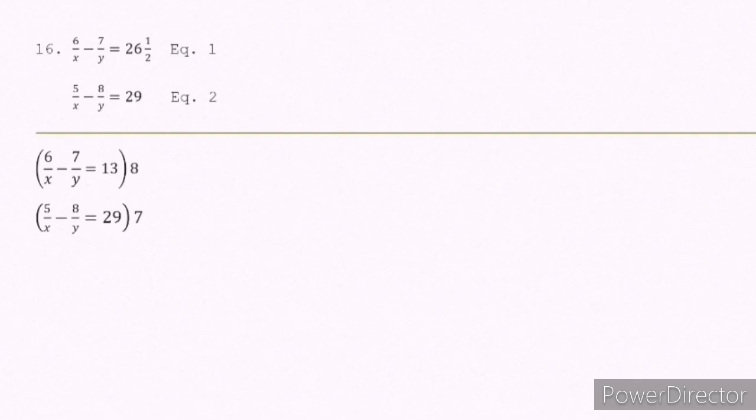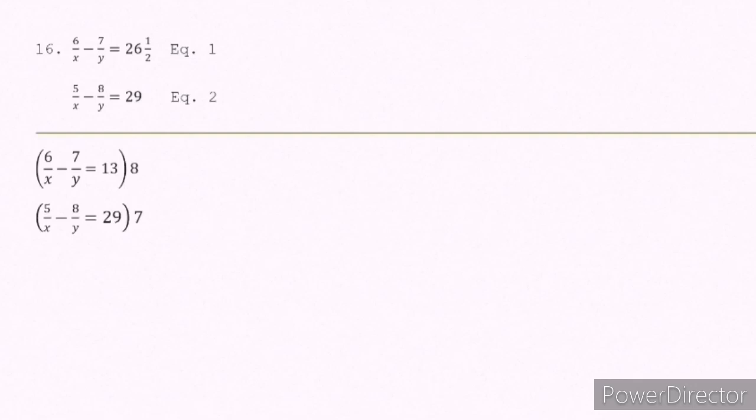Now for equation 2, 6 times quantity 9 over 13 minus 7 times quantity negative 83 over 26 is equal to 53 over 2. 6 times 9 over 13 will give you 54 over 13.